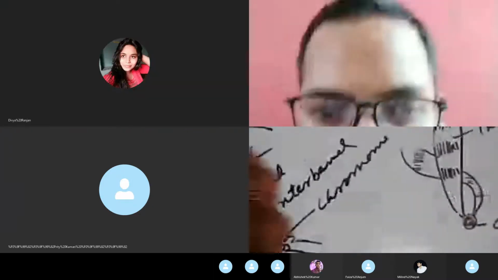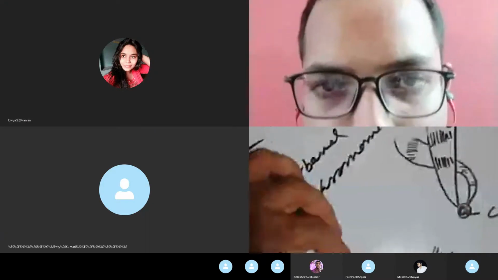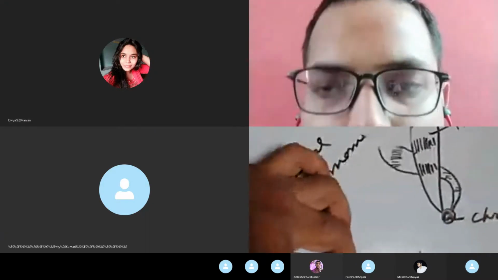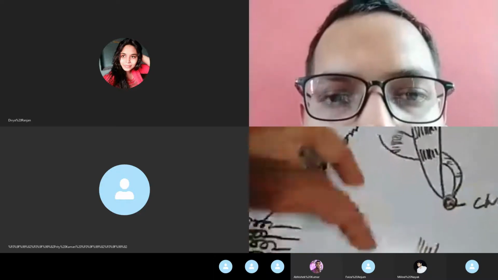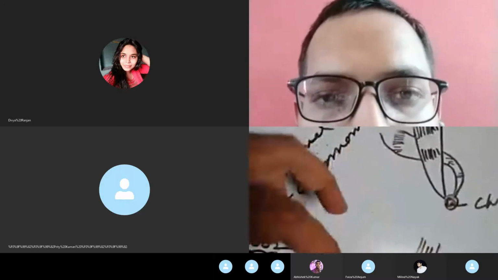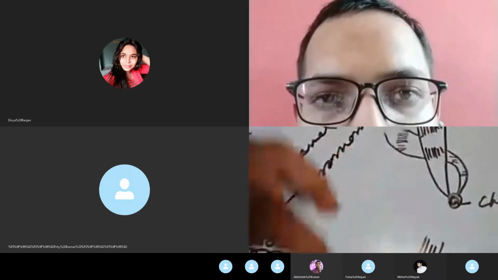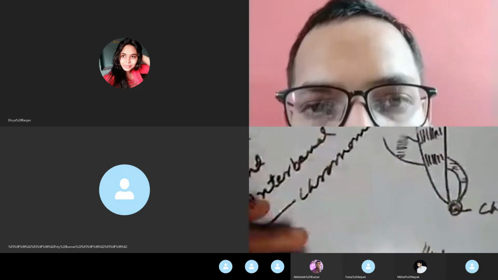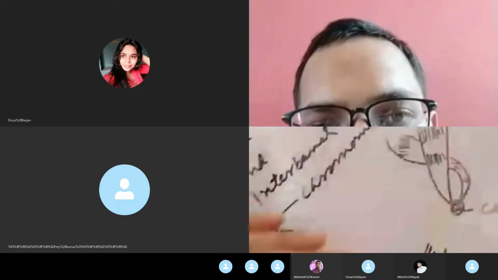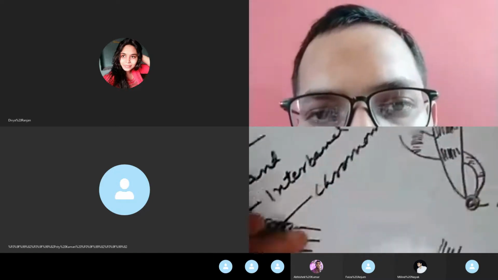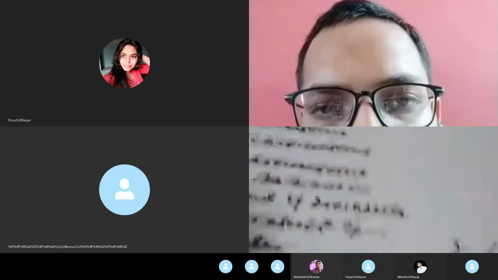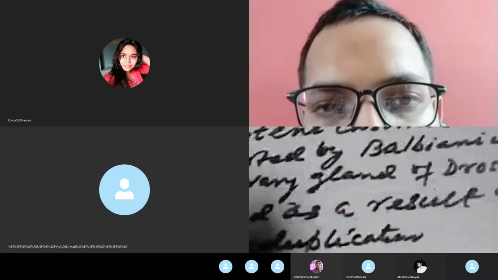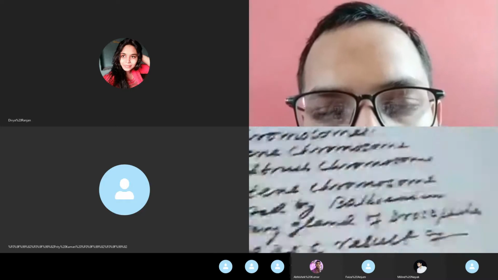So these are the 4 pairs of chromosome, and each chromosome undergoes endo-reduplication to form a large number of fibrils, a large number of threads, a large number of chromatids, and all these chromatids remain together attached at the point of centromere. They do not undergo separation, and therefore a multi-stranded structure is formed. This is the final diagram.